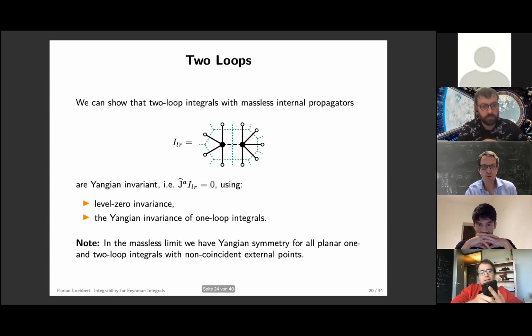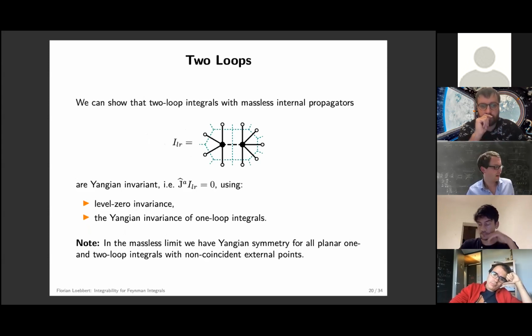But if we go to two loops, things are more constrained. And what we can show here is that we can still write down a lot of Yangian invariants, namely those that are constructed from an L-gon and an R-gon, so a one-loop graph with L legs and a one-loop graph with R legs, and we glue them using such a massless propagator. Yeah?